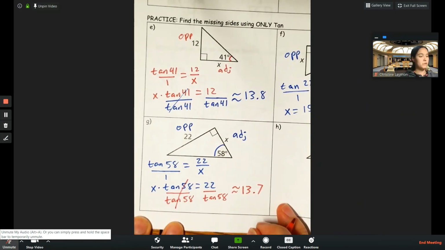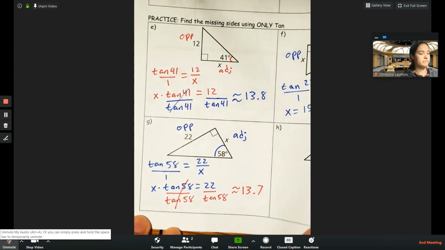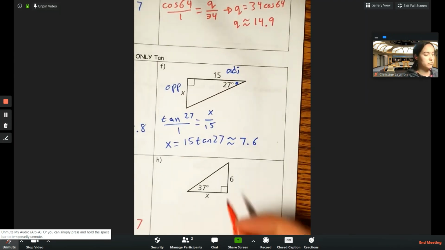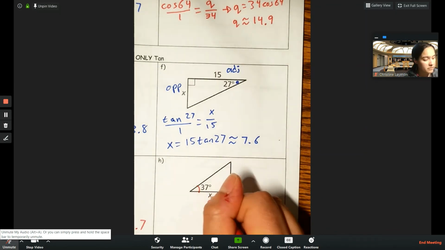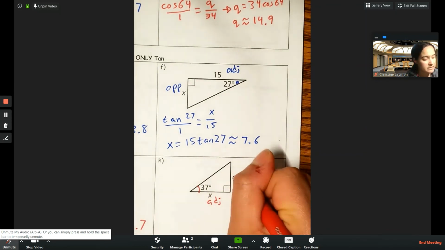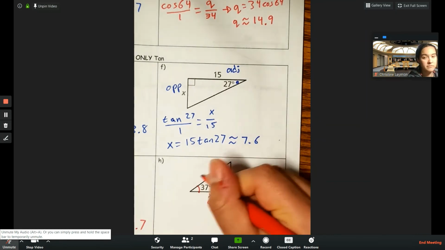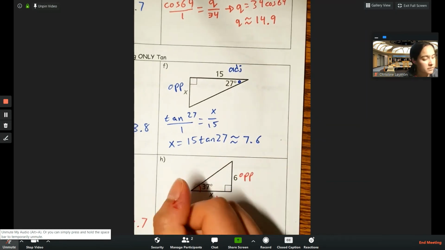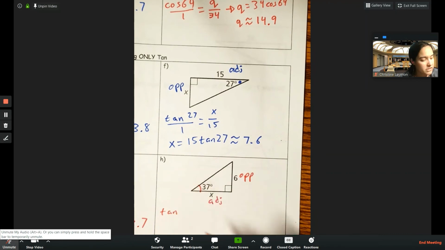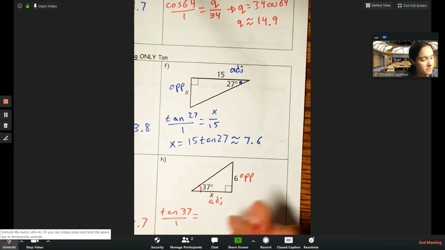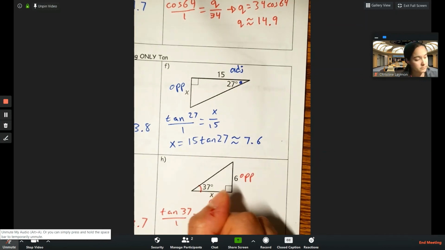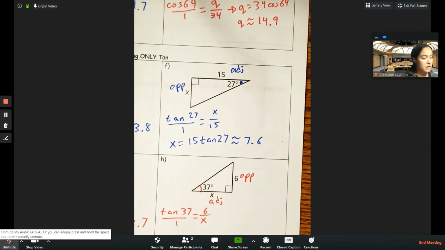Okay, I'm going to go ahead and do H. So we are standing at 37 degrees. X is the adjacent, 6 is the opposite, this is the hypotenuse. So I have tangent of 37 over 1 equals 6 over x. And go ahead and cross multiply.